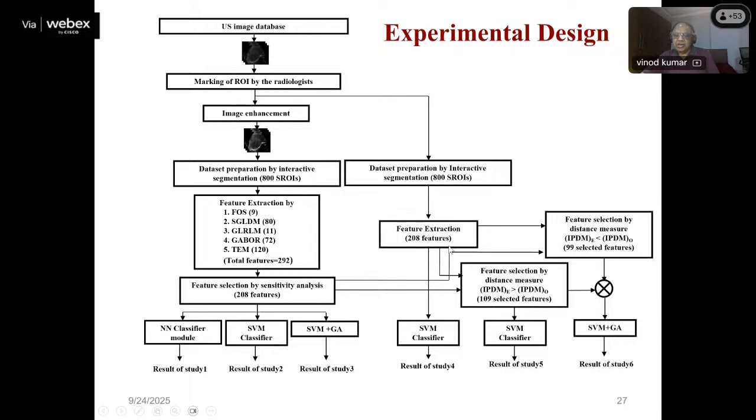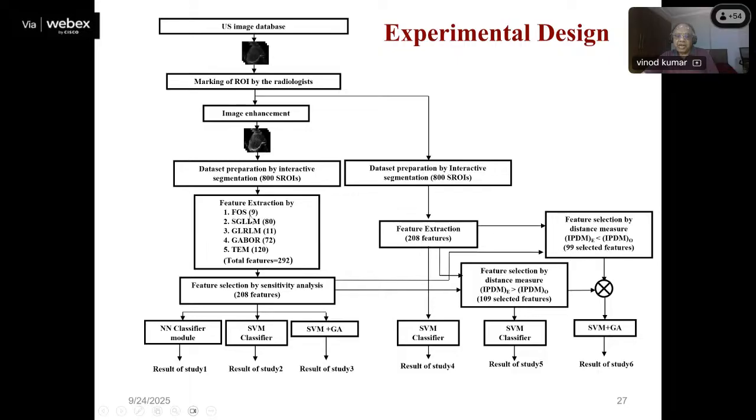Then we used the enhanced image as well as the original image. From both the images, we tried to find out which features satisfied the distance measure. Distance measure means we have the same number of features.